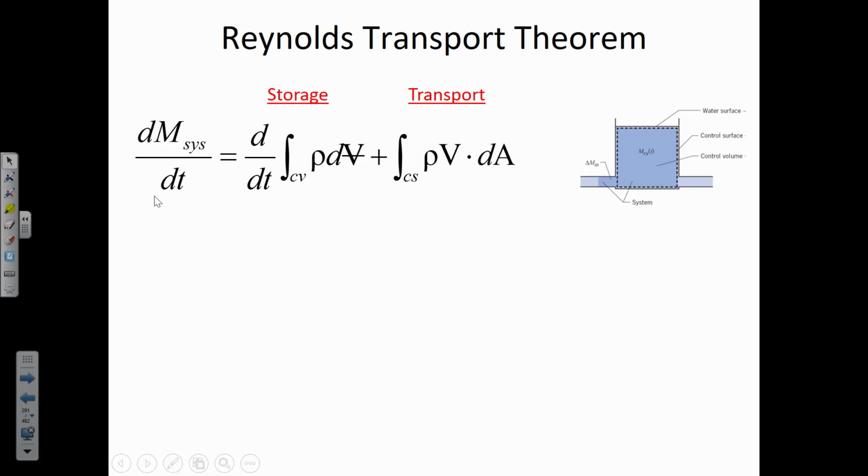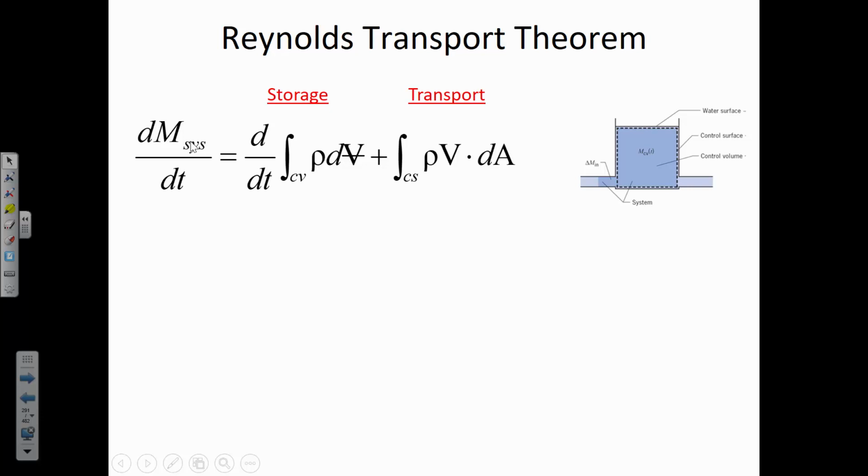Now on the left-hand side of the equation, this is saying that the mass of the system can change over time. And the Reynolds transport theorem begins pretty generally because there are situations where there is a reaction, for instance, inside of a reactor, and so the mass of a certain constituent may be increasing or decreasing over time, depending on the nature of the reaction.